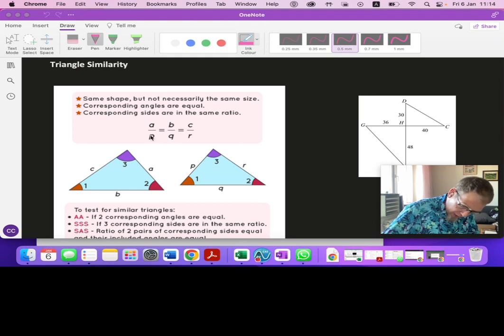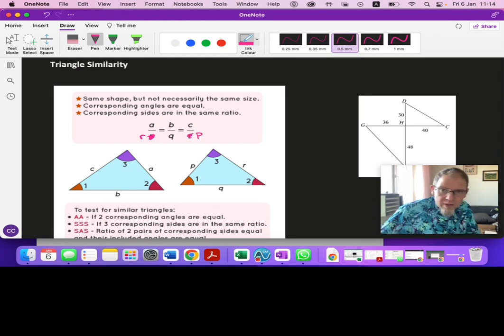So for this to actually work, this has to be R, and this has to be P. Wow. So we have to have common ratios. The sides that are in between congruent angles have to have the same common ratio.